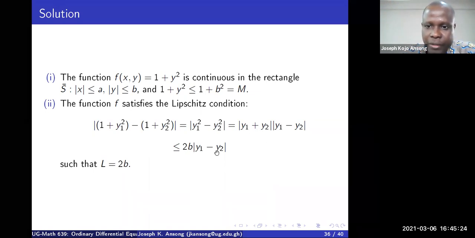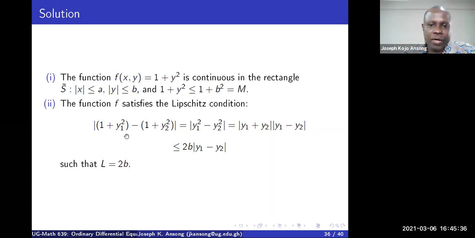That gives me 2b multiplied by this. So my Lipschitz constant is L equals 2b. So once I find what b is for my interval, I know L. So the first two conditions are satisfied. We have them here. It's a closed rectangle, so L here is a number.